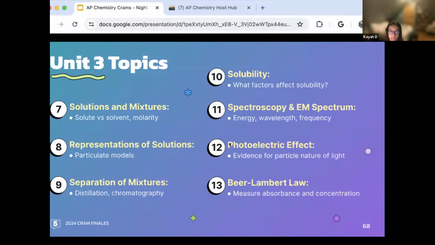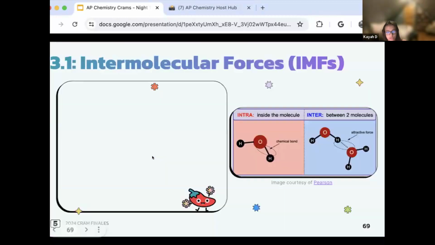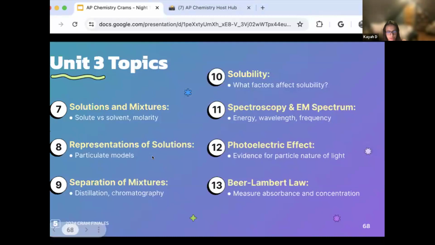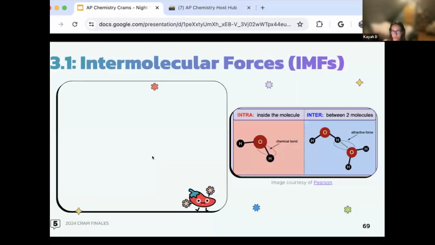We also have solutions and mixtures, representations of solutions, separation of mixtures, solubility, spectroscopy and the EM spectrum, photoelectric effect, and Beer-Lambert law. So it's a pretty heavy set, but we're going to get through all of it.